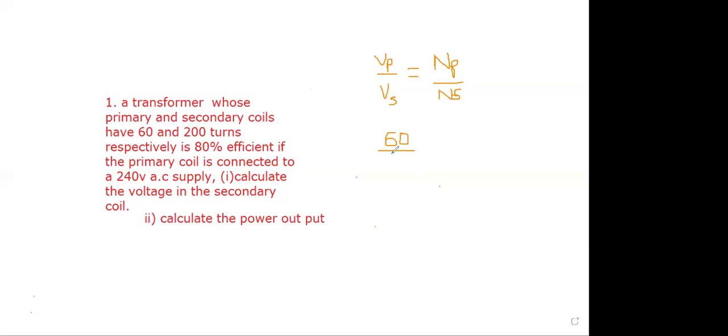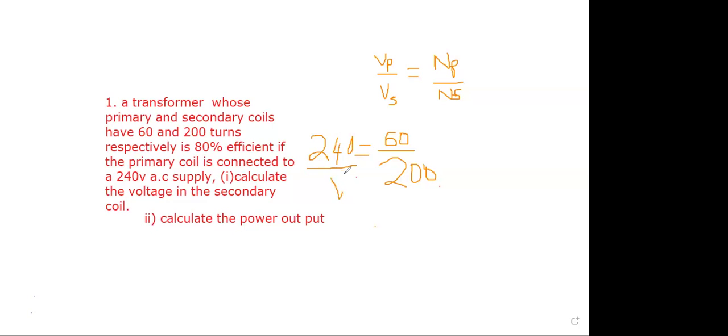So we have 60 divided by 200 as the number of coils, and this is equal to VP over VS. VP, we have the voltage in the primary as 240, but we don't have the voltage in the secondary.